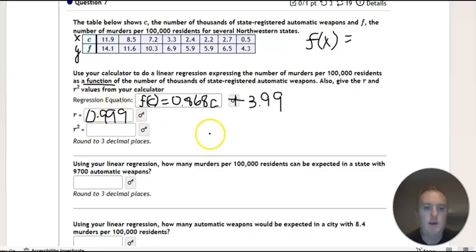So let me go back. And then our R squared value, I'm just going to use the original 0.9989 and square it to get my R squared. Rounding to 3 decimal places there, we're going to get 0.998.